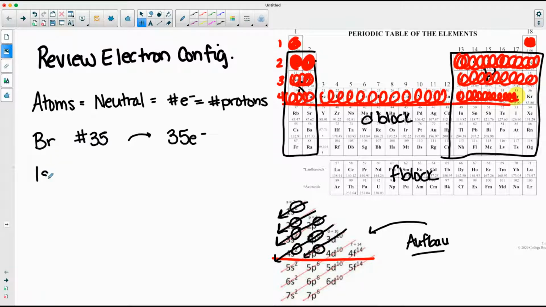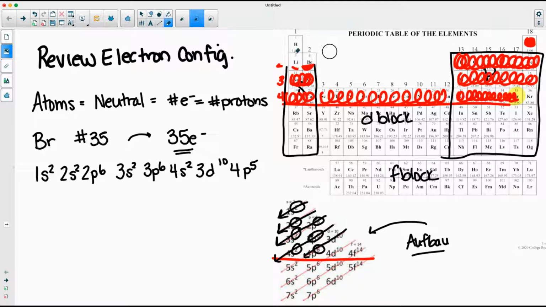So again, bromine is 1s2, 2s2, 2p6, 3s2, 3p6, 4s2, 3d10, 4p5. These superscripted numbers are the numbers of electrons, and they add up to 35.